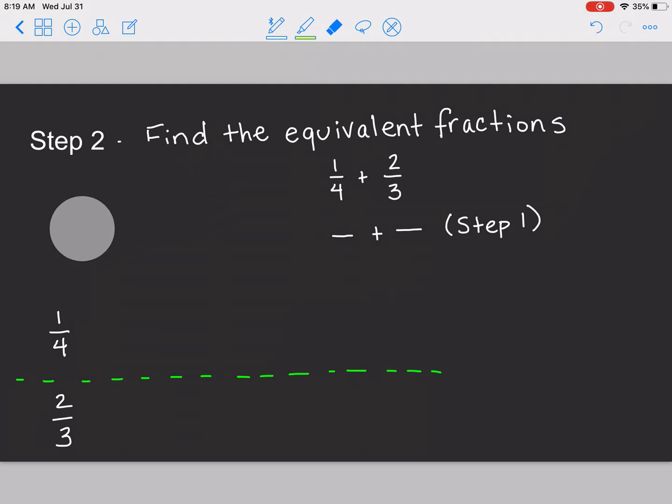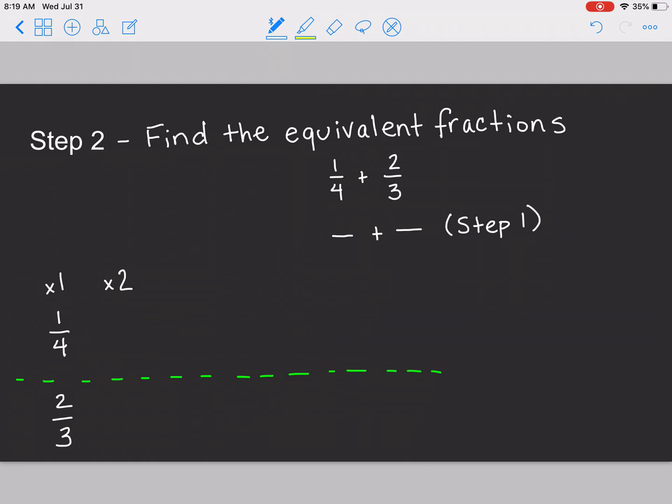Now, to make it a little easier for myself, let's do that again. I know that if I multiply 1/4 or 2/3 by 1, I'm going to still get 1/4 and 2/3. So I'm going to come over and say, what about times 2?